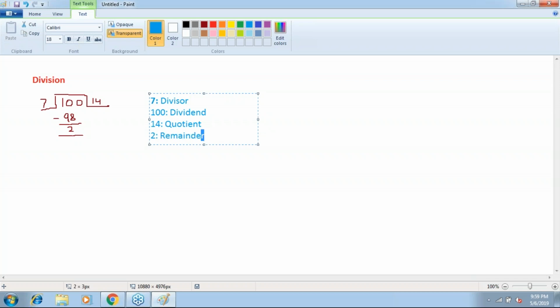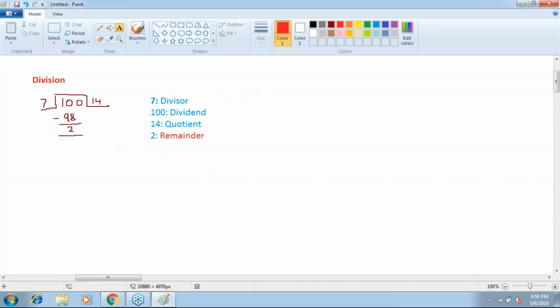Very important, most important. So I am changing the color of remainder just because this entire story is going to be revolving around remainder. Okay, so now we got 2 as the remainder.